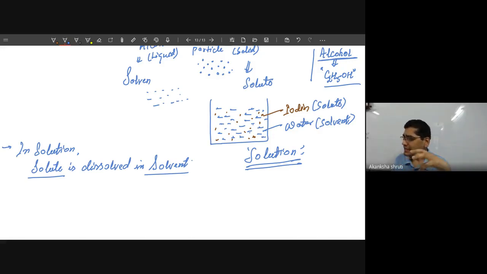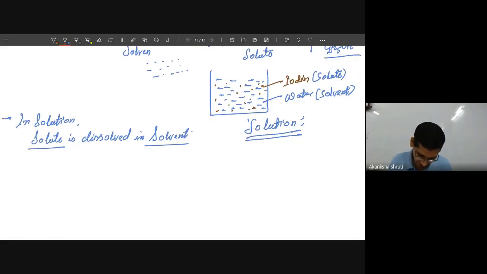To tell that more solute is dissolved in a given amount of solvent or solution, a term called concentration is used. Concentration of solution means the amount of solute dissolved in a given amount of solution or solvent.